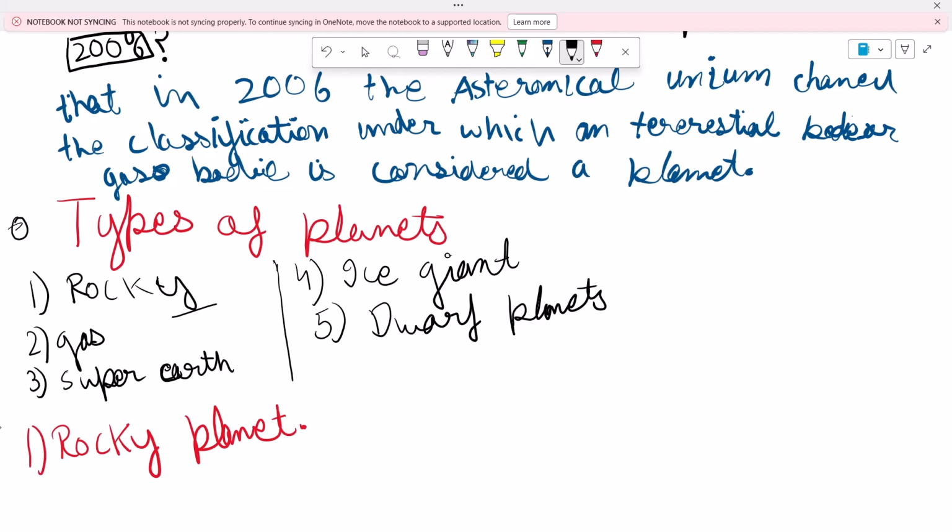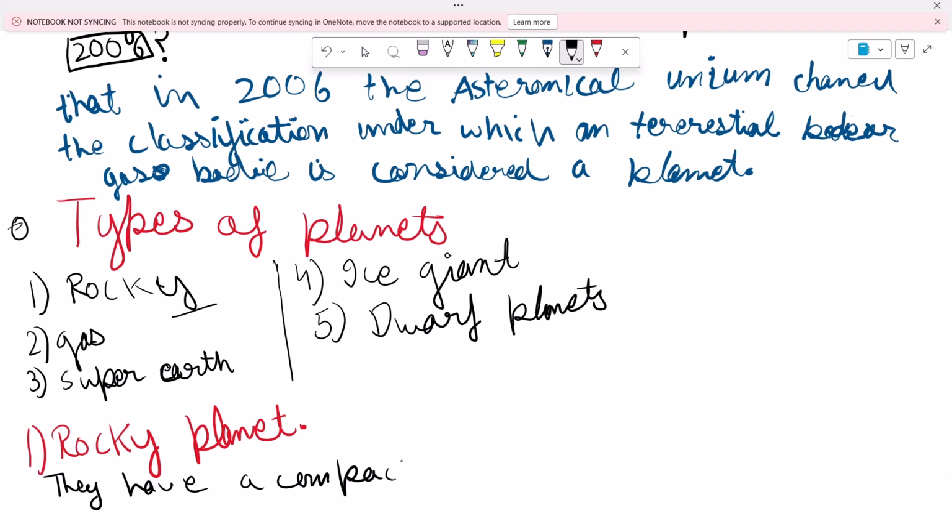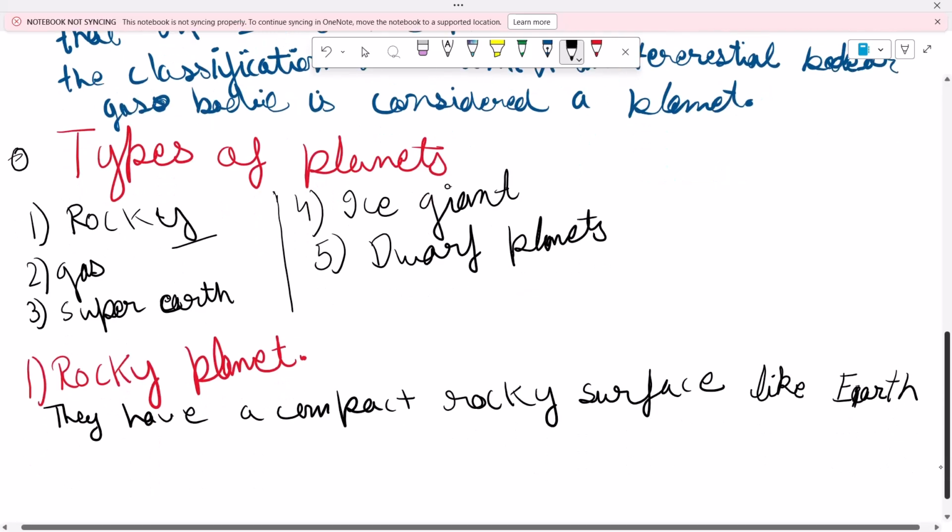Rocky planets have a compact rocky surface, like our home planet Earth.